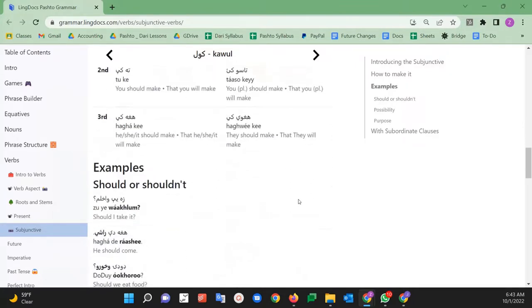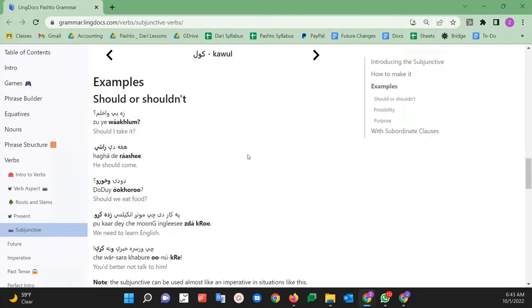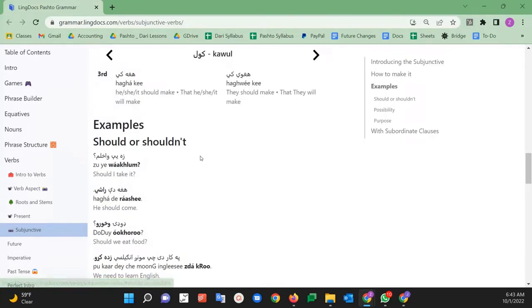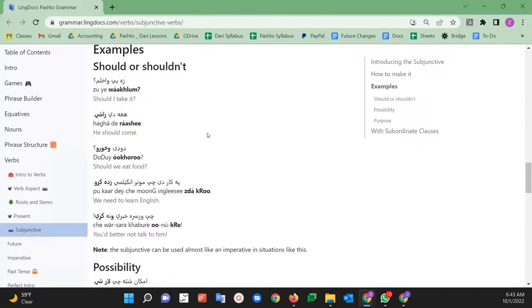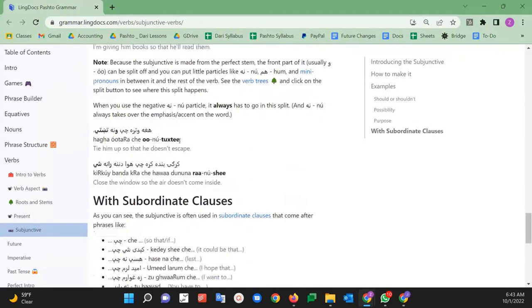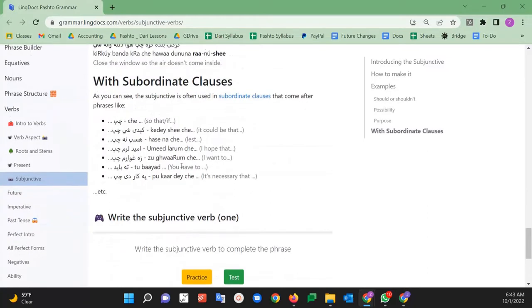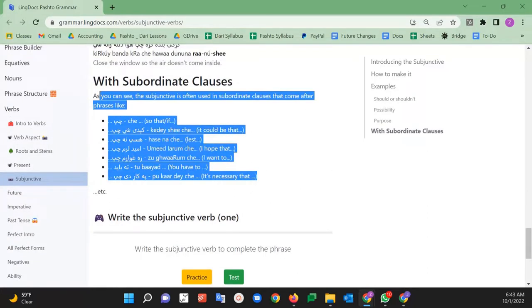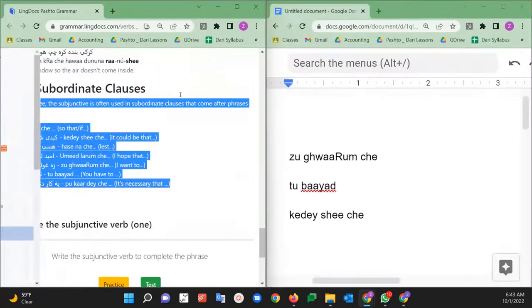Then another thing I want to highlight is when do you use the subjunctive? He has some examples of should or shouldn't, possibility, purpose. You can read those, but the thing that is kind of a cheat for me is that the subjunctive is used with subordinate clauses.